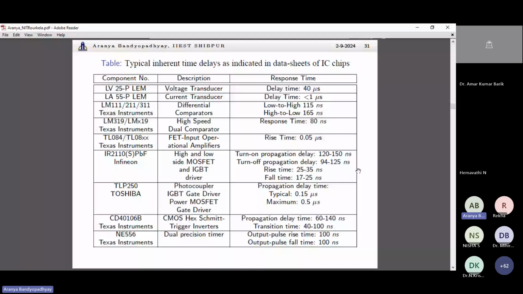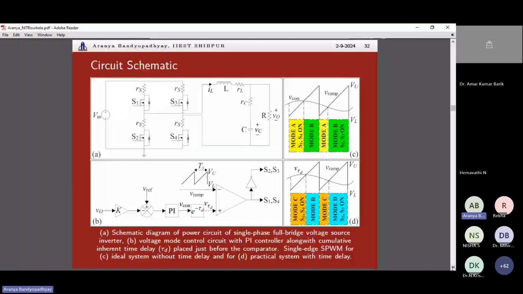But this type of time delay will be manifested for each of the IC chips that you are going to use in your controller, and together in a unified fashion, all of it is going to contribute to the cumulative time delay.